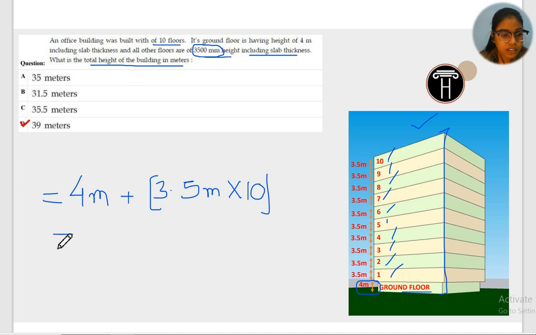After adding, you will get 39 meters. Or somewhere it might be mentioned that it is a G plus 7 building or G plus 8 building. For that, you have to draw a building of 7 floors with a ground floor.